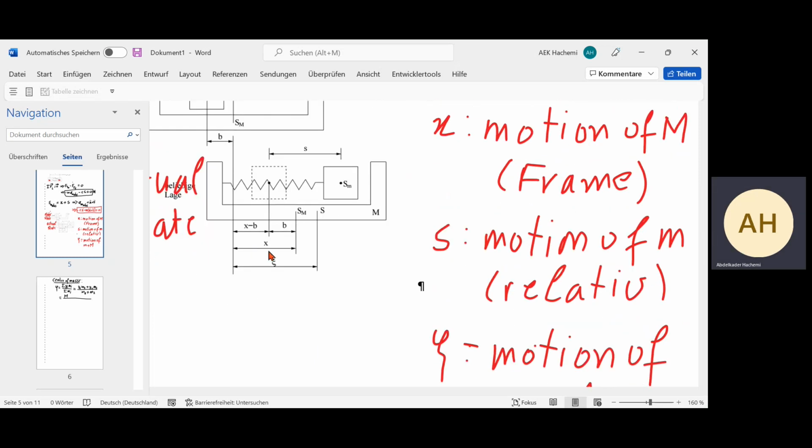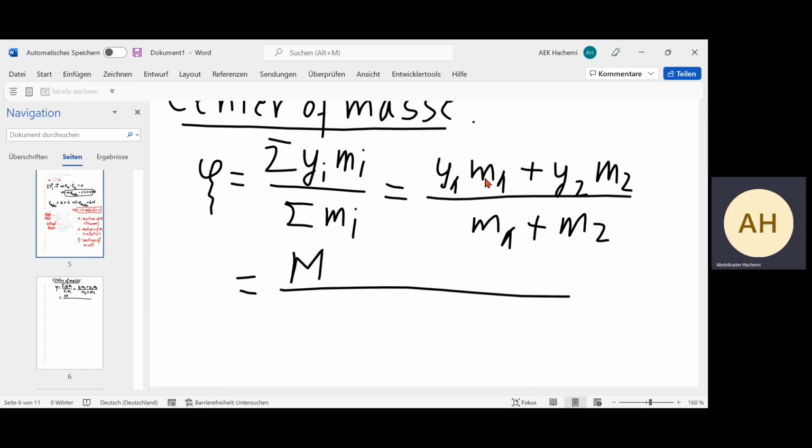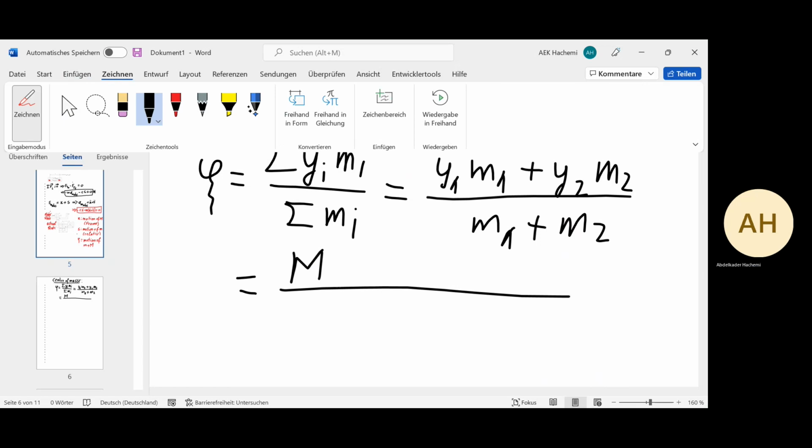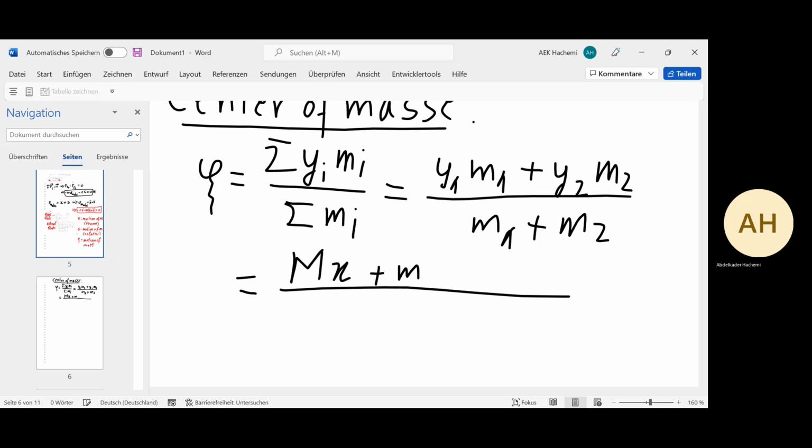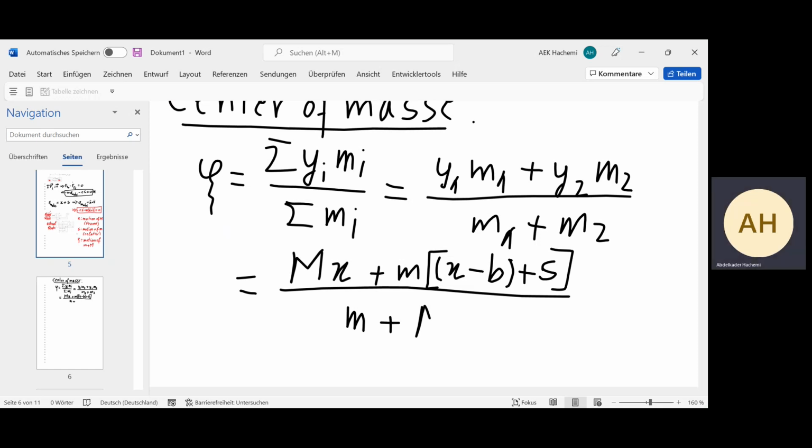This will be y1, and m1 is only M. Then we have here M multiplied by x, plus m multiplied by x minus b plus s, divided by m plus capital letter M.